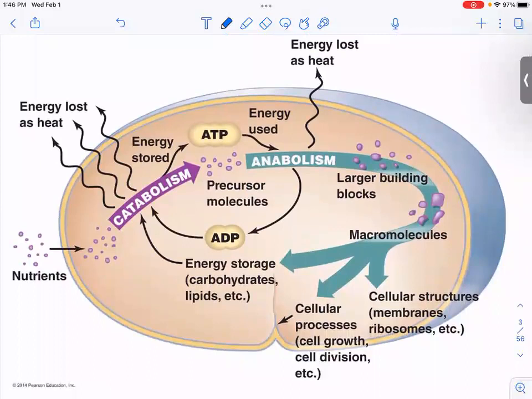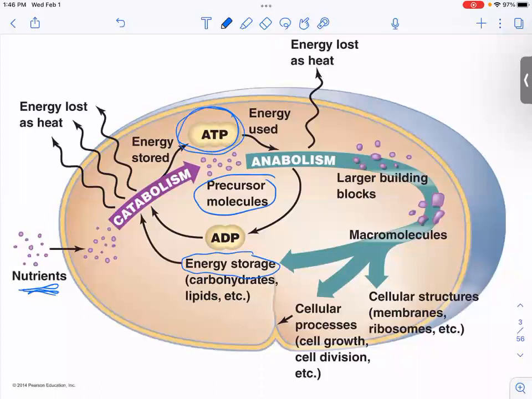When a cell gains nutrients, then by catabolism those nutrients are broken down. ATP is released, and we get some precursor molecules. Those precursor molecules are used in anabolic reactions to make cell structures, things like membranes or ribosomes, or maybe stored as energy.